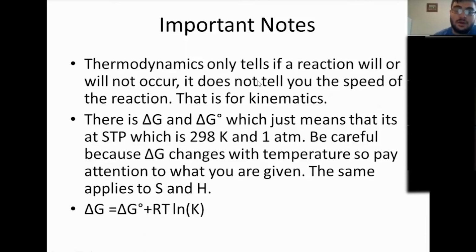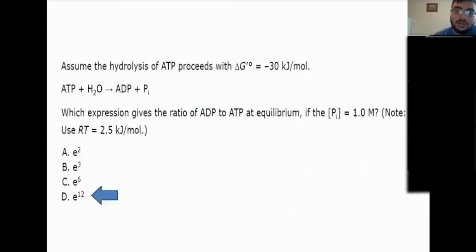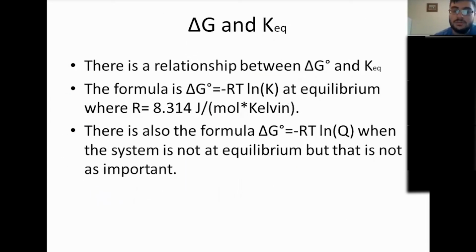And this equation may look familiar to you. We actually covered a very similar equation: delta G standard equals negative RT ln K. This is actually how this equation is derived, because you know that at equilibrium, delta G equals 0.